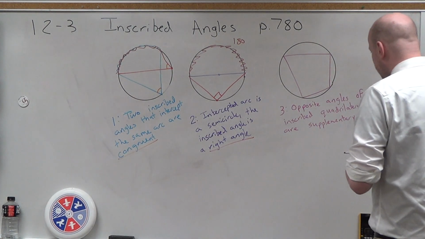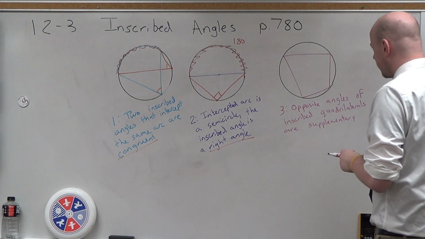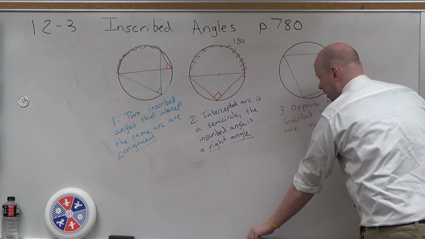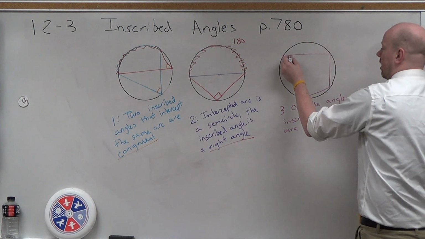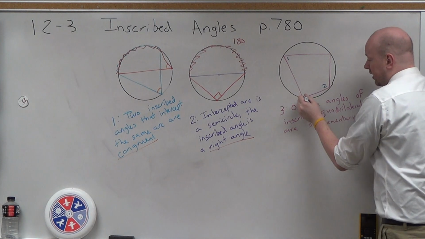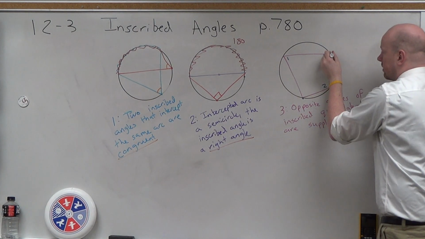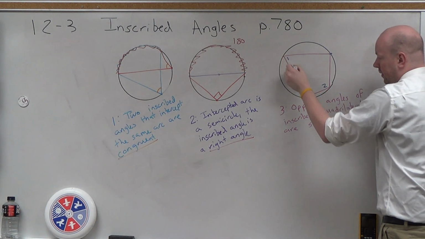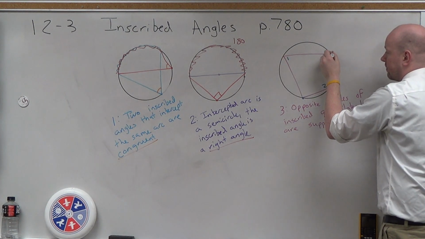Well, let's look at it this way. If I were to just look at angle 1 and angle 2. Well, angle 1 would intercept this part to this part, and angle 2, if I'm following angle 1, follows this part and to this part.